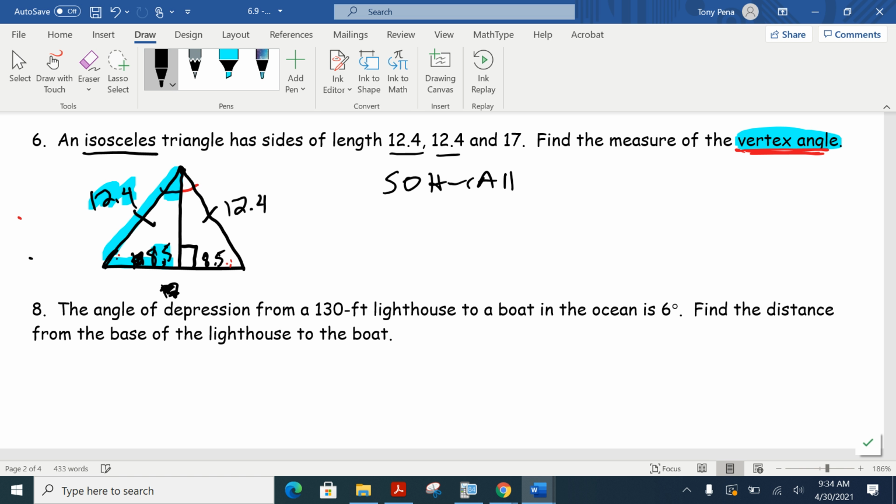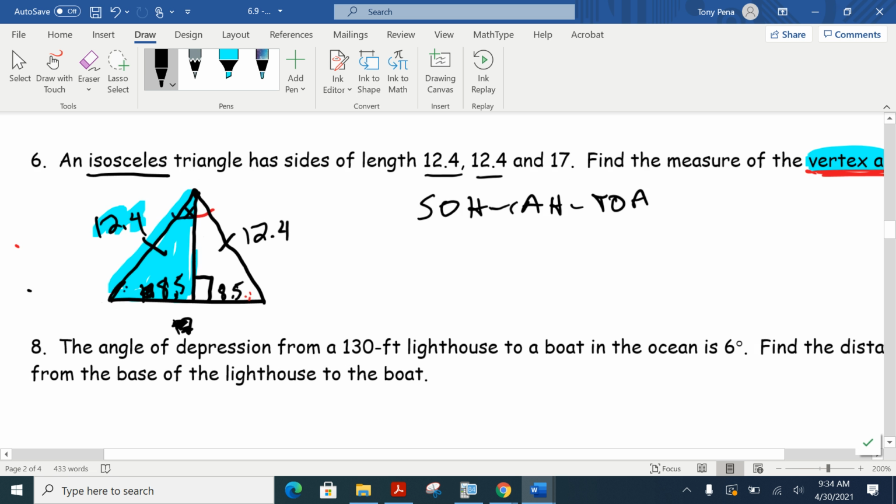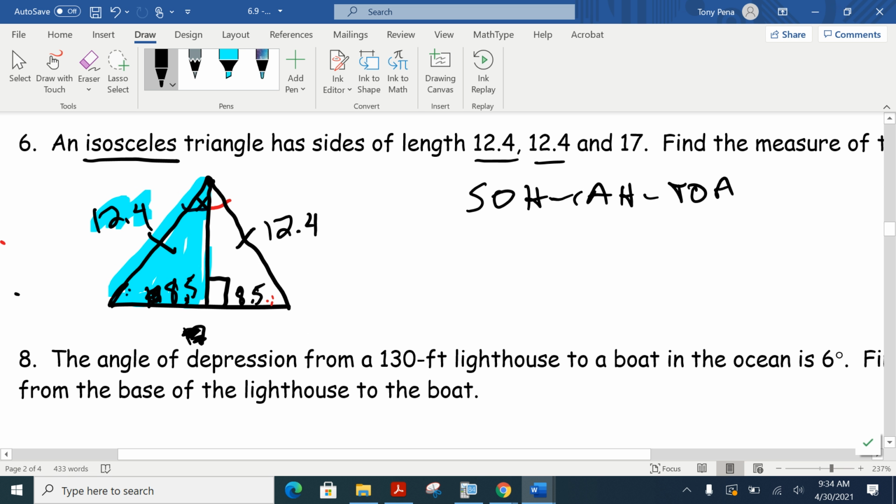So now we have right triangles, so we are ready to assign either a sine, cosine, or a tangent equation to this blue angle up here. So look at our blue triangle, only worried about this one. The angle we're looking for is this, so I'll call this x.